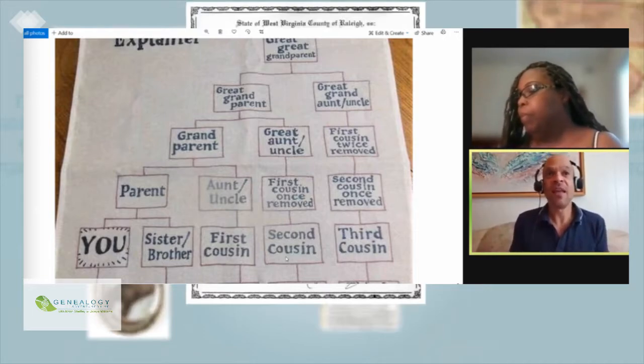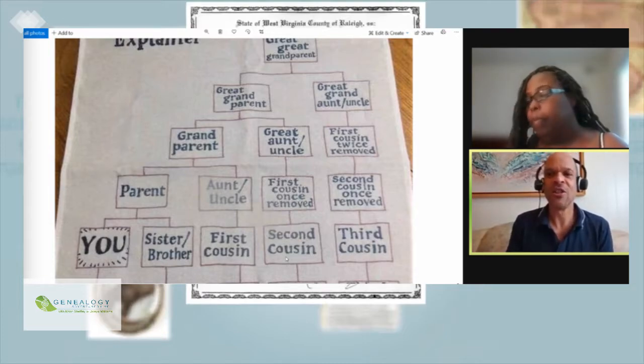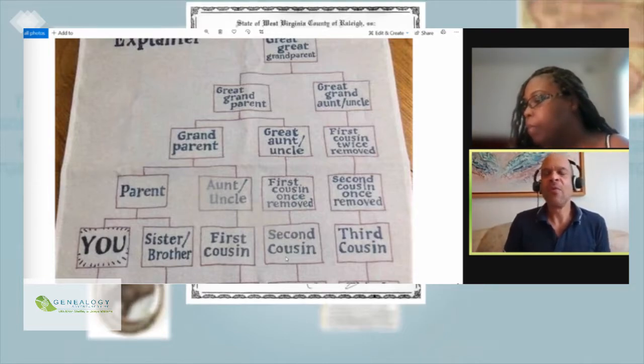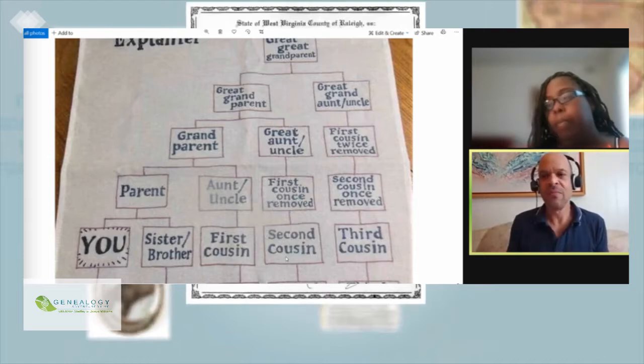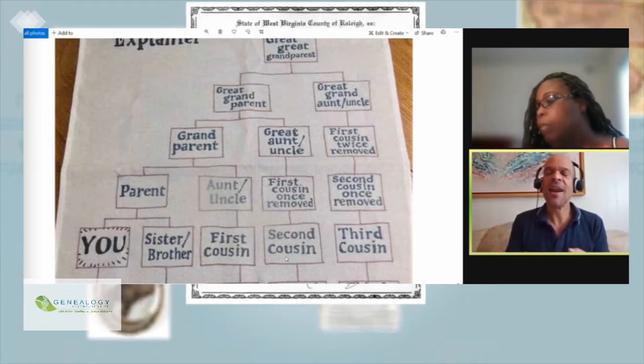I couldn't even tell you what that looks like because I don't know what that looks like with my own genealogy. To give you an example, on all of our DNA tests, Donnie and I show as a higher degree of cousin because we have so many common ancestors. We have an unusual number of common ancestors.